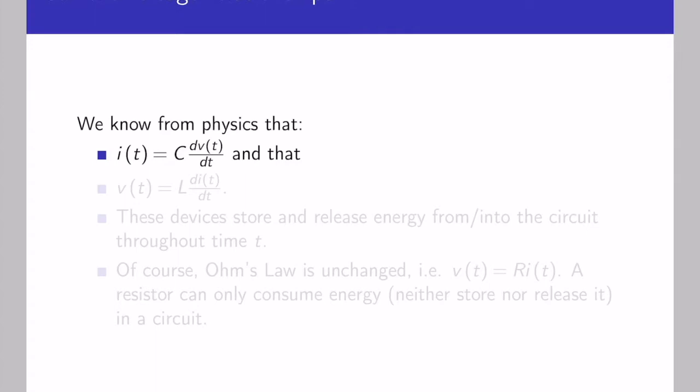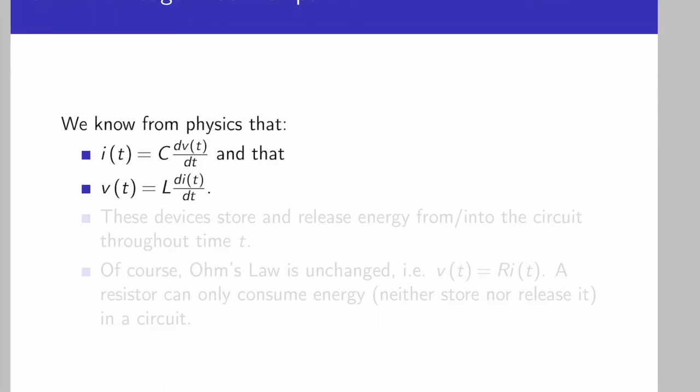You also know from physics, and we mentioned this at the beginning of the class, that for a capacitor, the current through the capacitor is equal to C times dV/dt, where V(t) is the voltage across the capacitor. We also know that for an inductor, the voltage across the inductor is equal to the inductance L times di/dt, where I(t) is the current through that same inductor.